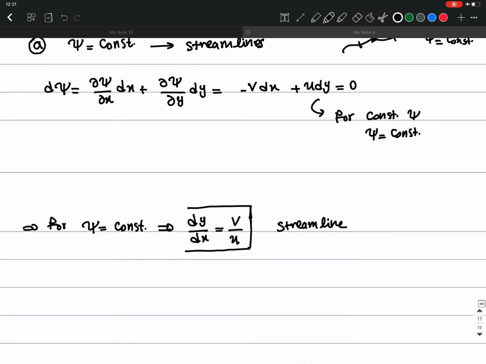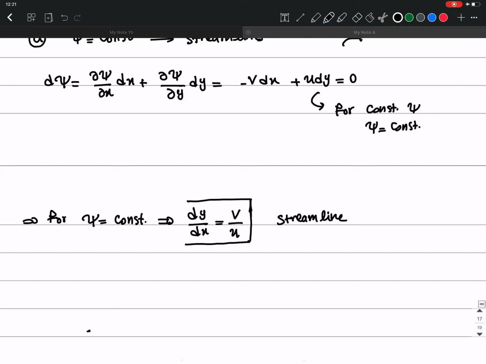How? So say here we are on a constant psi, so psi is constant here. For this we know that, let's say we calculate a velocity vector here. So this is the velocity vector.